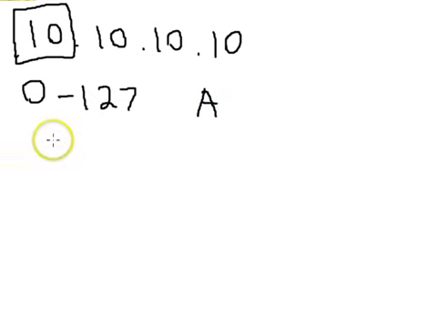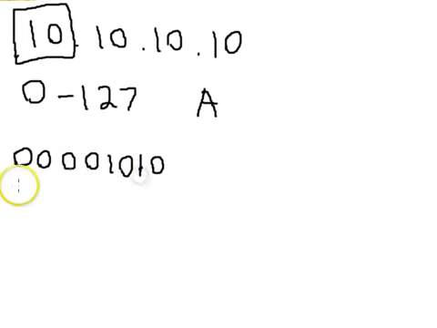We could also look at the binary. Converting 10 to binary, it's got to be 0, 0, 0, 0, 1, 0, 1, 0. The first bit is a 0, and remember, A's all start with a 0, so this must be a Class A address.